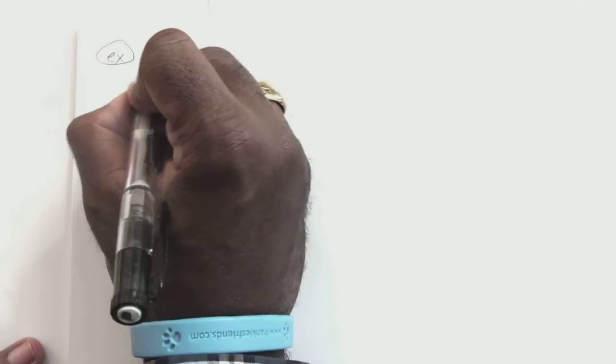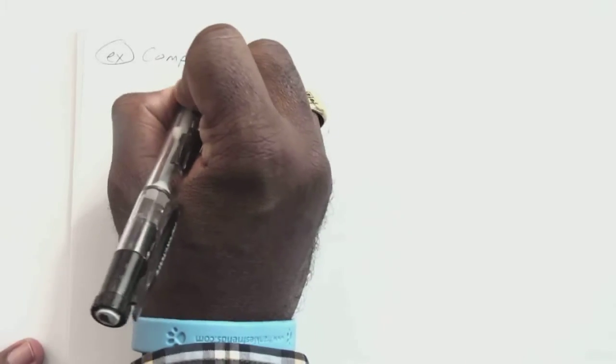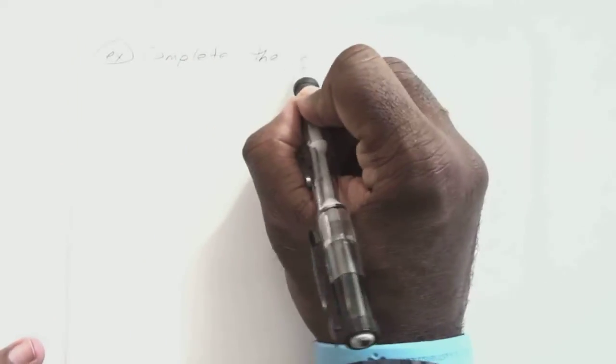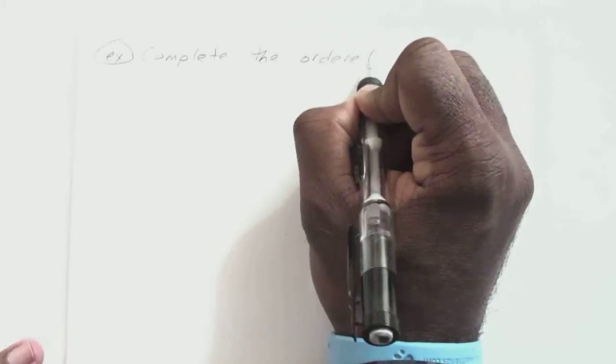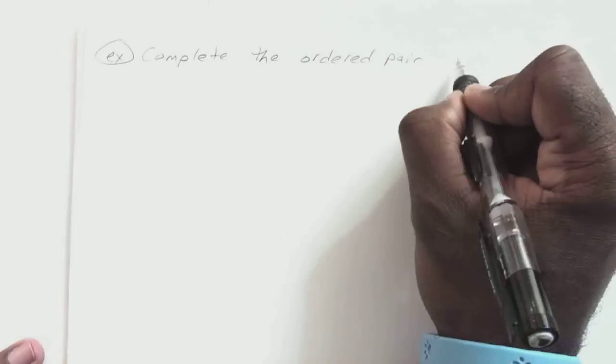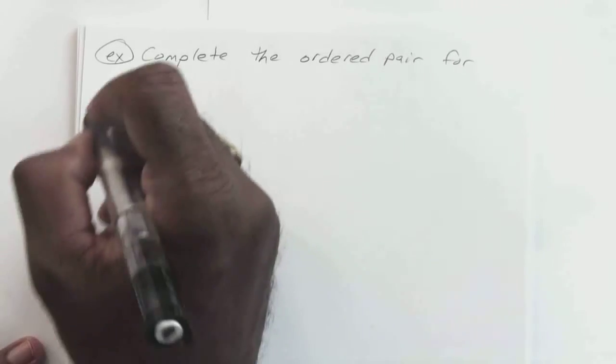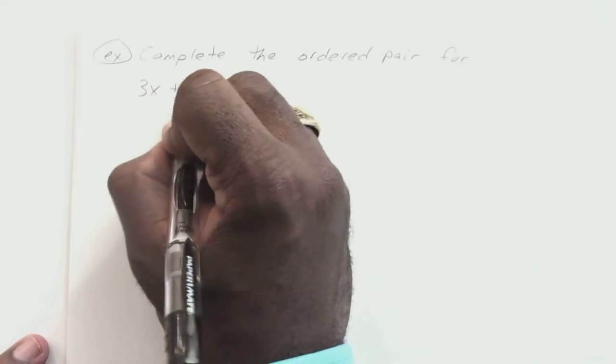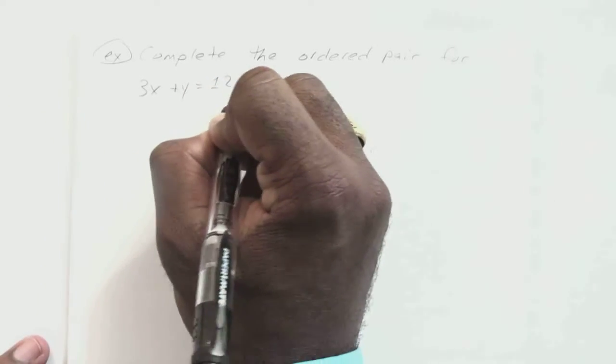Okay, so let's say, for example, let's say if we want to complete the ordered pair, for, let's say we have 3x plus y equals 12.